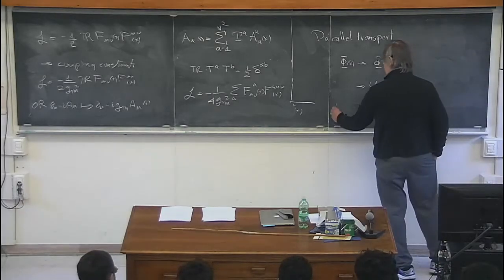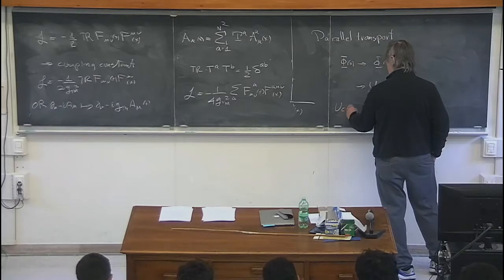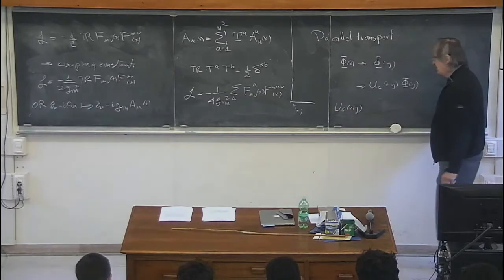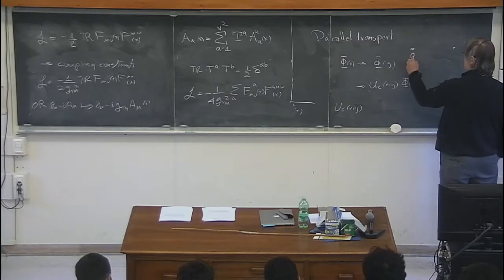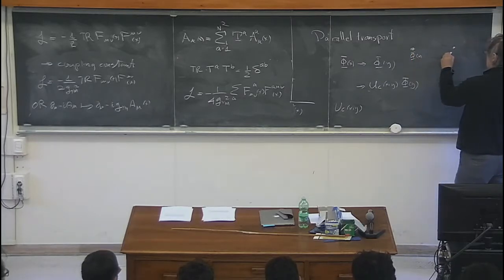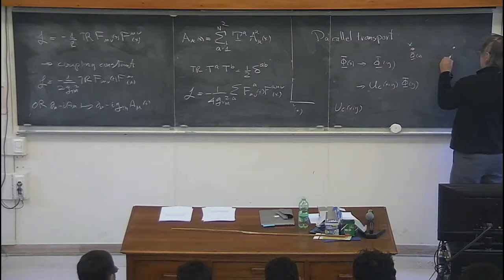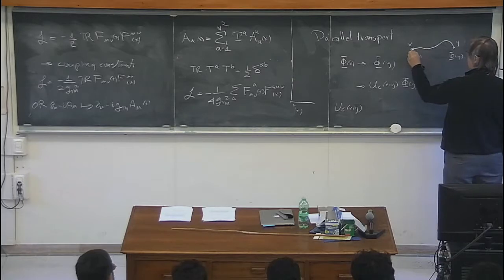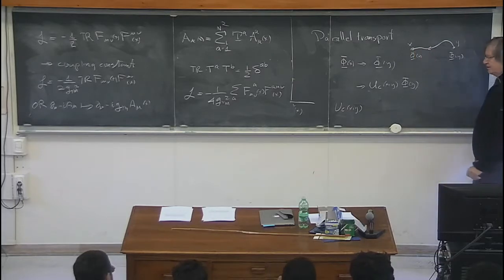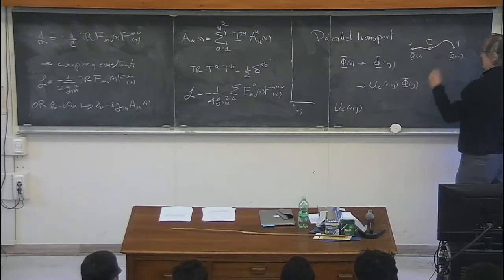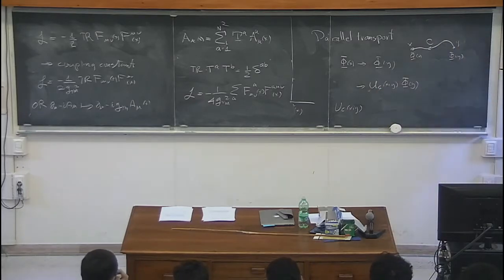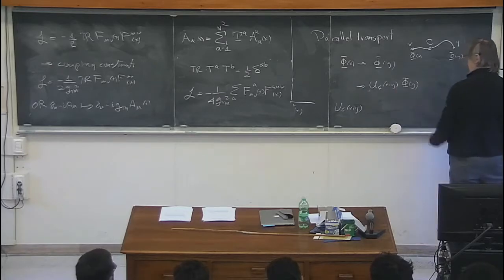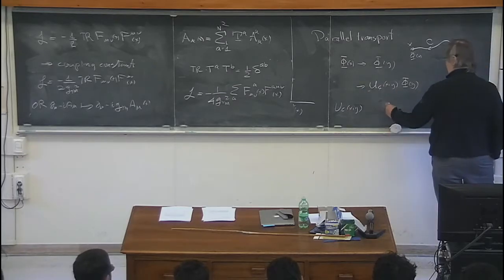And what it is is something which actually depends on a path that you choose between the two. So if I could draw a picture here, here's the point x, phi of x is there, phi of y lives at the point y. There's some path between the two that's oriented from y to x, and let me call the path c. So this path labels the unitary matrix that does the so-called parallel transport.